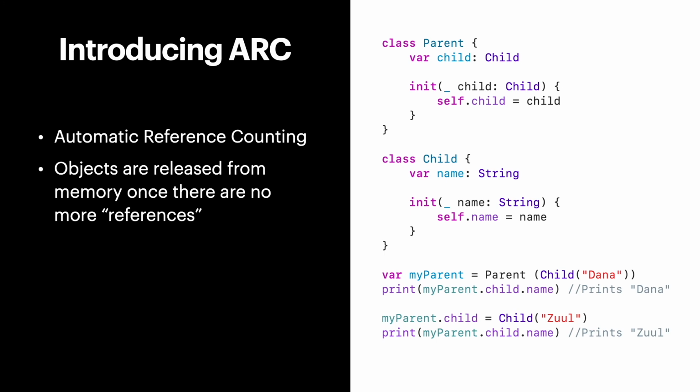The parent class, on the other hand, holds a reference to the child. When I create this parent with a child named Dana, and then I change that child to be Zool, you find that you can't find Dana anymore. There is no Dana. There is only Zool. And for those of you who somehow have not seen Ghostbusters, the general idea is just, again, once there's no longer a reference to an object, it's deleted from memory and it can't be recovered.